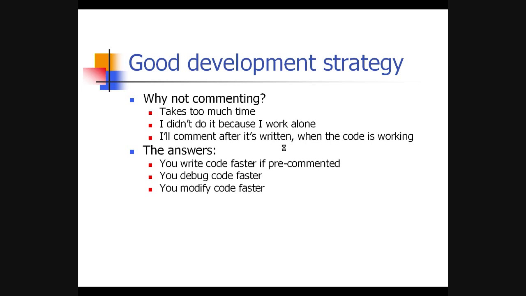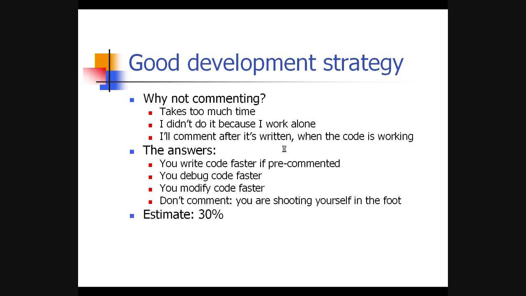Well, if you arrive in a code that is not commented, even if you are the one who wrote it, it's going to take you much more time to do the modification, to understand what the code is doing, how it's doing it, why it's doing it, and you're just going to lose time again, and it will be the third time that you will be losing time. So don't comment. You are just shooting yourself in the foot. That's something that you cannot go around. You are losing time all over the place if you are not commenting your code.